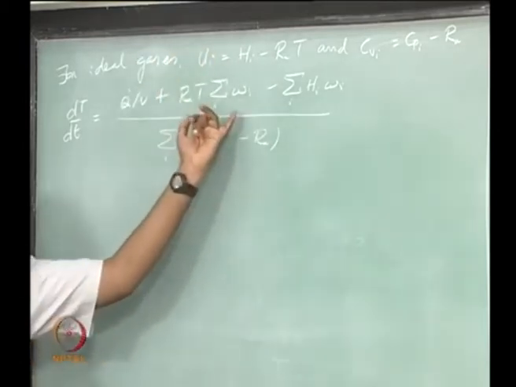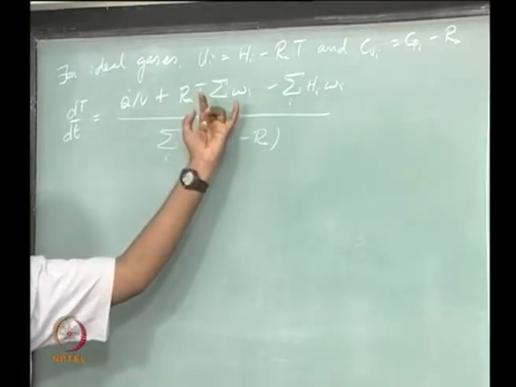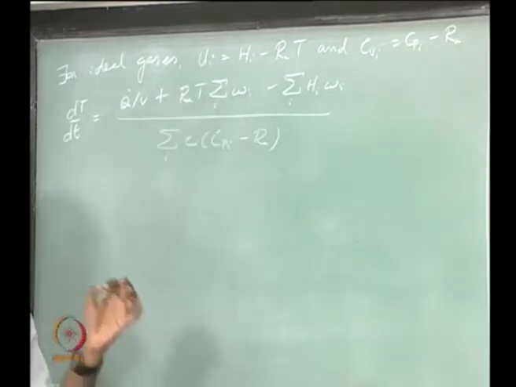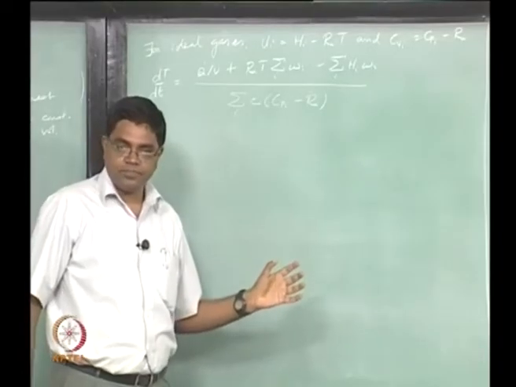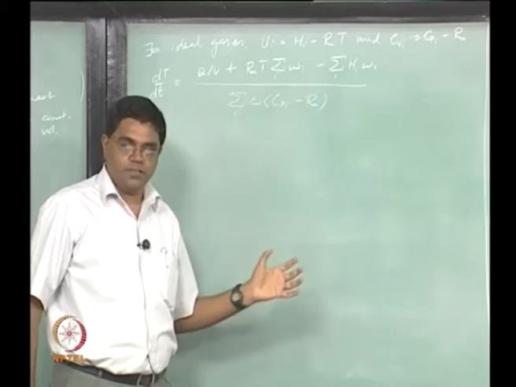Sigma_i omega_i is non-zero primarily because the number of moles in a chemical reaction is not necessarily conserved. It is the mass that gets conserved.